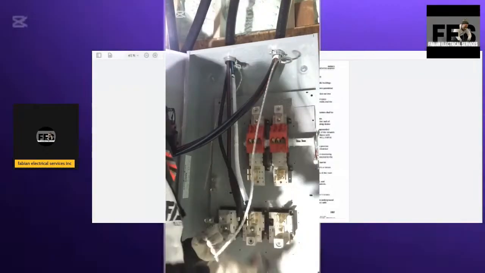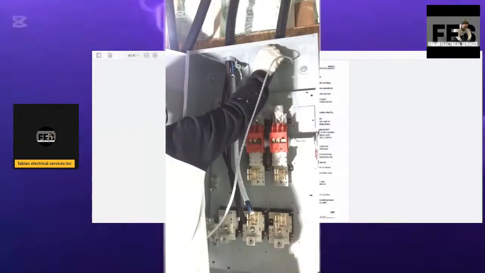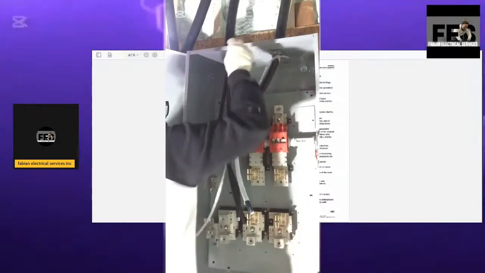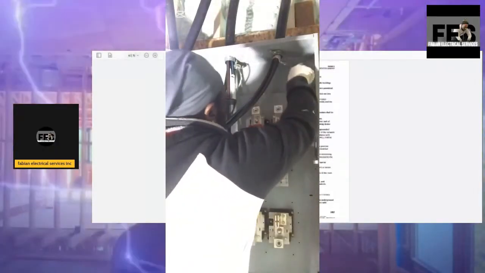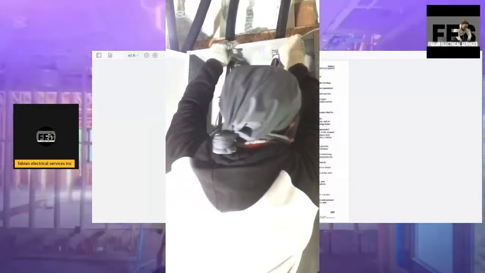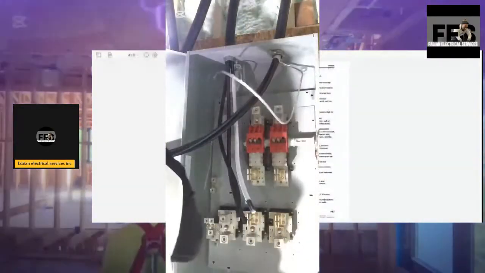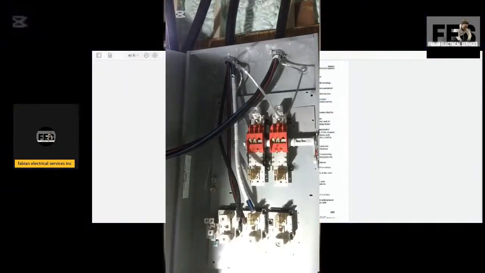There are two different things when it comes to bonding and grounding. They serve two different applications, so never get that confused. Also, you're going to see I have my phasing tape on my cable. The reason is this cable does not come with an identified neutral, and the code book states that your incoming neutral has to be identified.